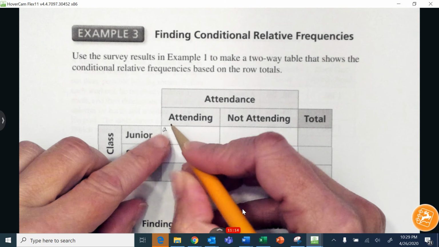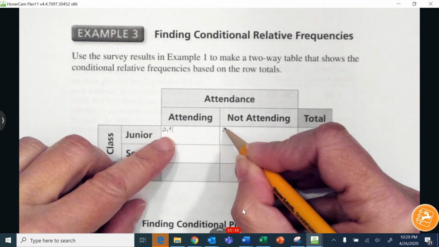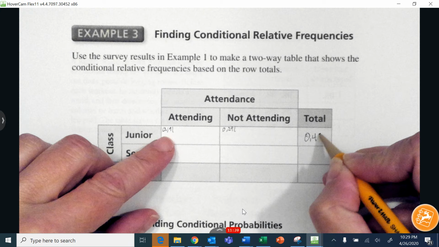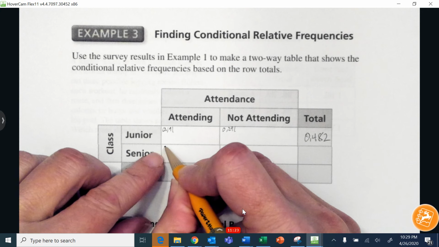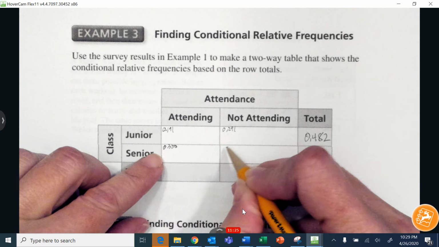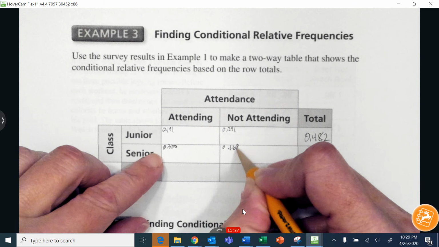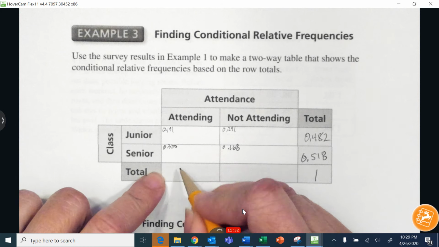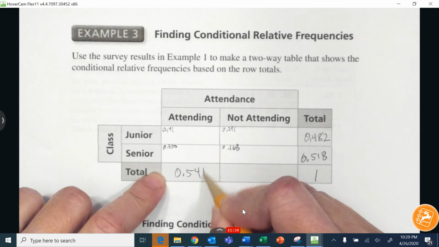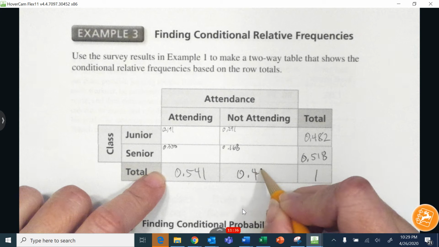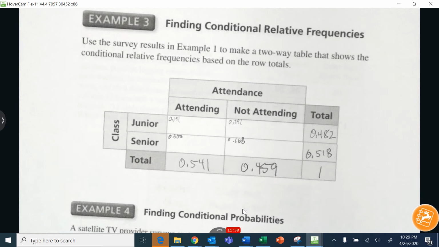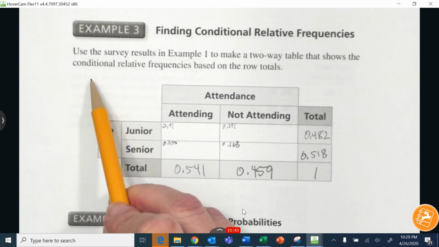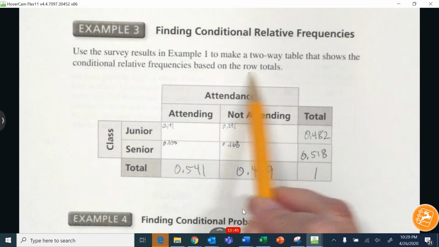We got 0.191, 0.291, 0.482, and we got 0.350, 0.168, this one was 0.518. Down here we had 0.541 and 0.459. Okay, so this example says, show the conditional relative frequency based on the row total.